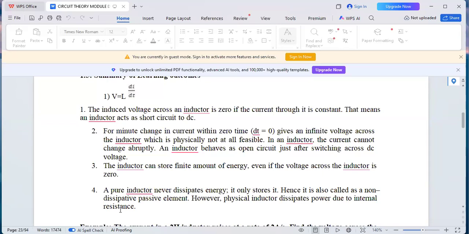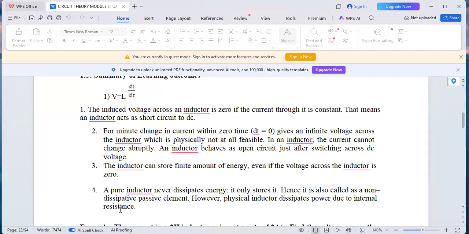This means you cannot have currents changing so fast that the time for the change is 0. They say it is physically not feasible. Definitely some time will pass whilst the current is changing.